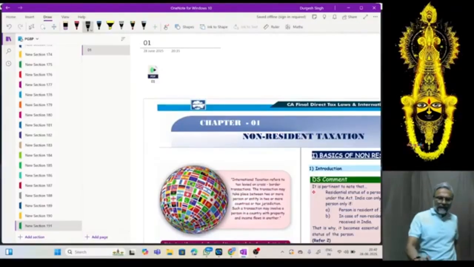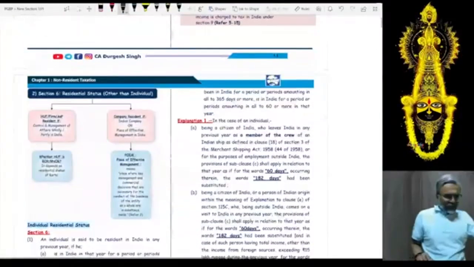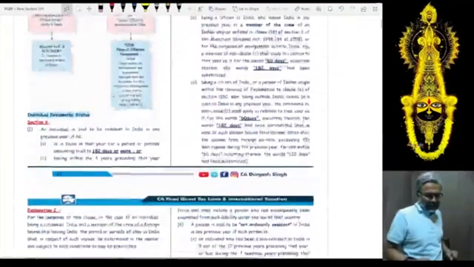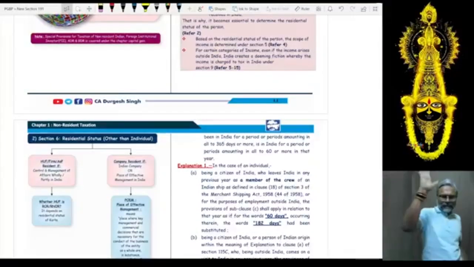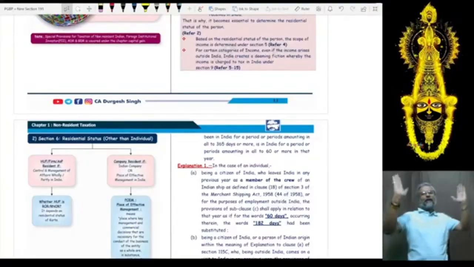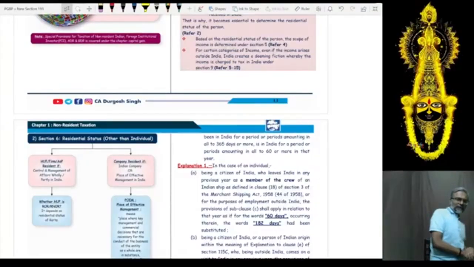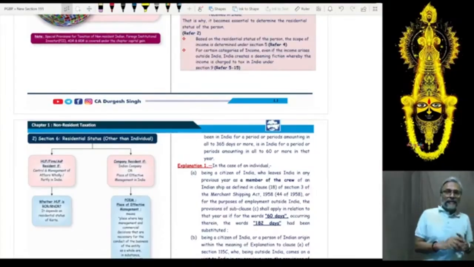Let's start with this one straight away. Friends, as you are aware, residential status is the first step for introducing ourselves into the world of non-resident taxation. That is to say, a person can be an individual, HUF, AOP, BOI, a company, partnership firm, or cooperative society, as the case may be.